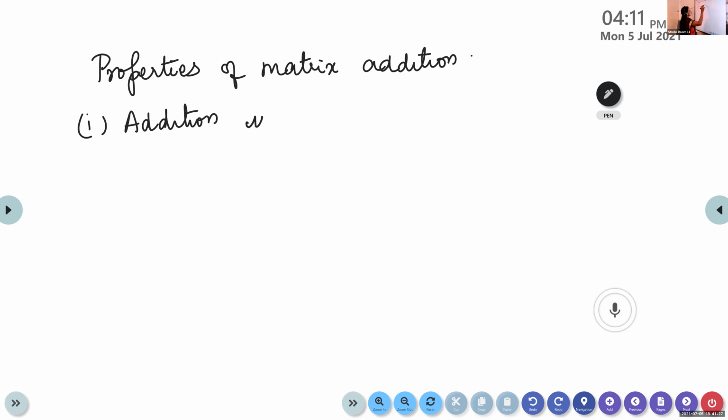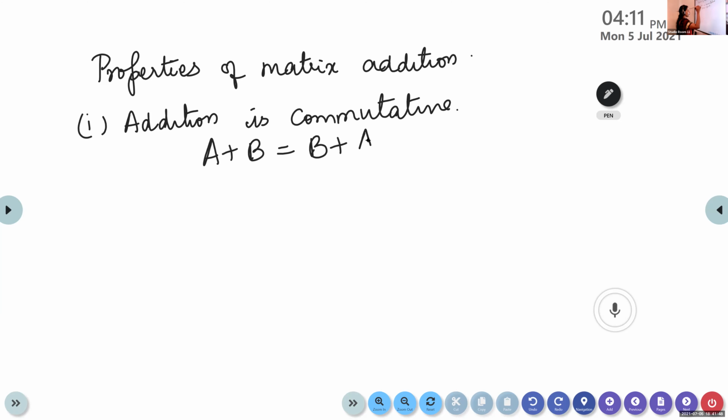What is meant by commutative? If we change the order, it will not affect the answer. A plus B will be the same as B plus A. Matrix addition is commutative.